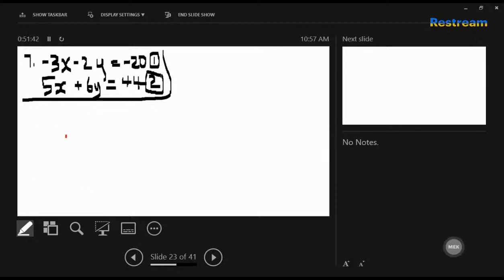So looking at these two pairs of equation, or this one pair of equation, the coefficients are all different. I'm going to work with the 3 and the 5. I'm going to multiply equation 1 by 5 and equation 2 by 3.